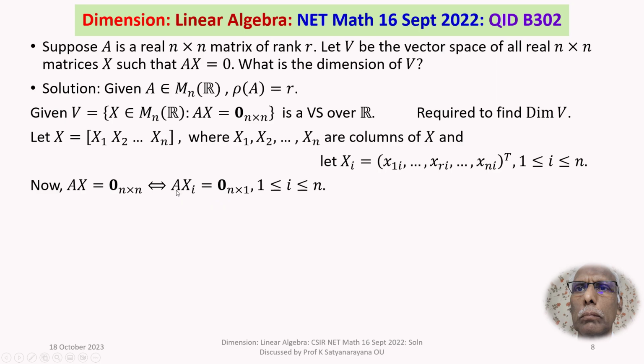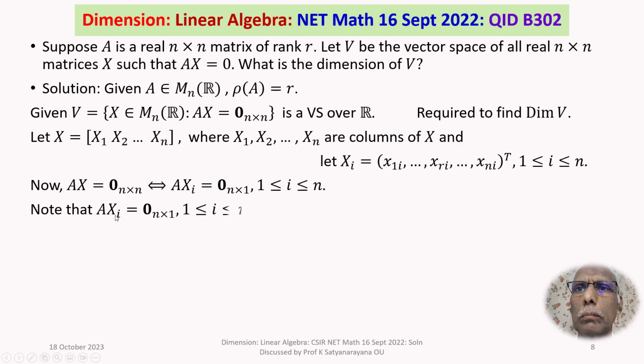A is an n by n matrix and the rank of A is r. N minus r variables of xi are arbitrary. And hence this homogeneous system admits infinitely many solutions.